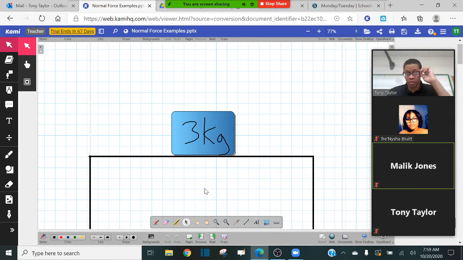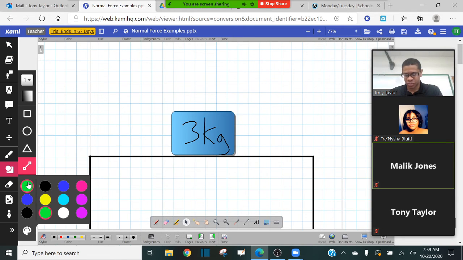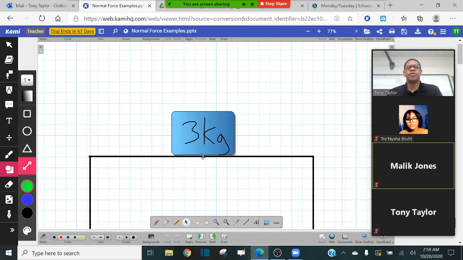So let me go ahead and draw those two forces that are acting on this diagram. So clearly there's a force of gravity pulling straight downward.